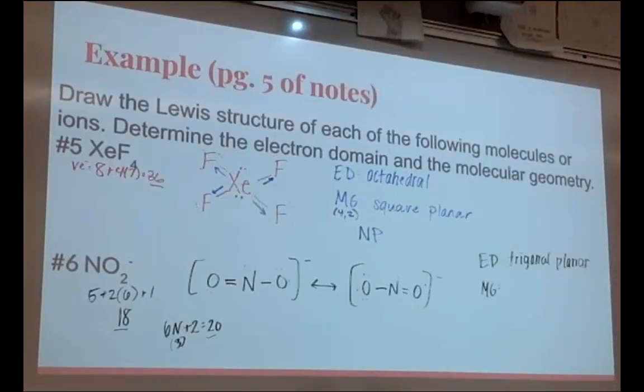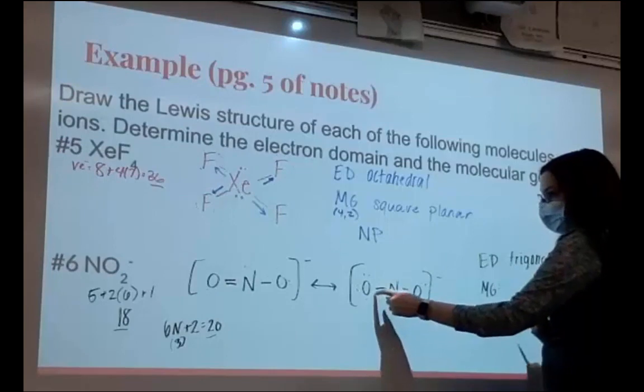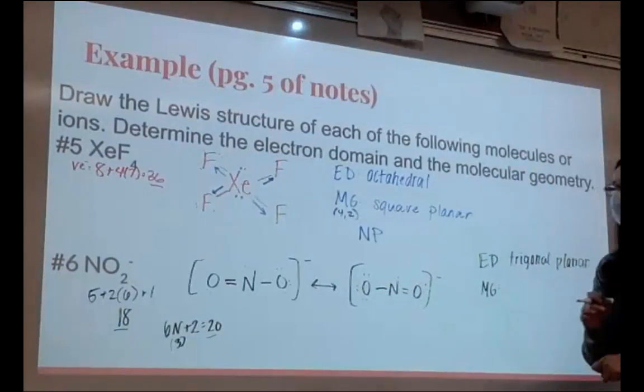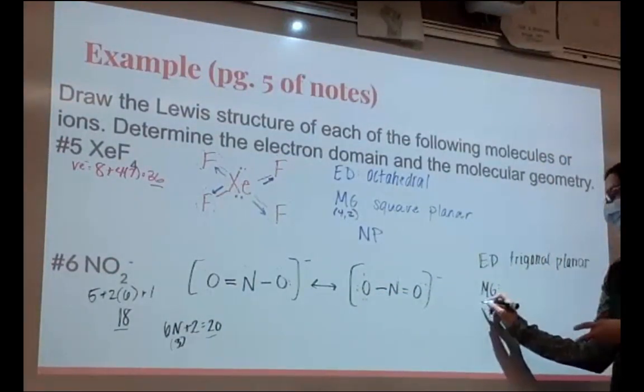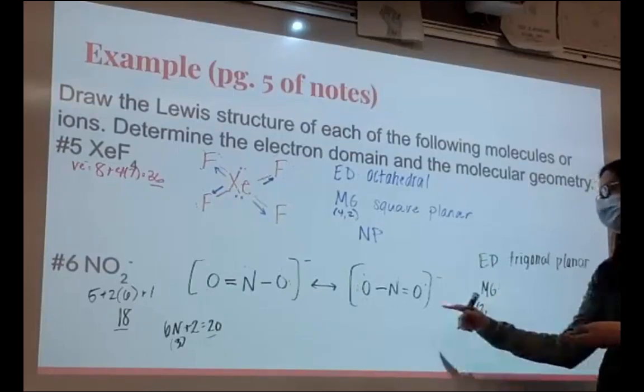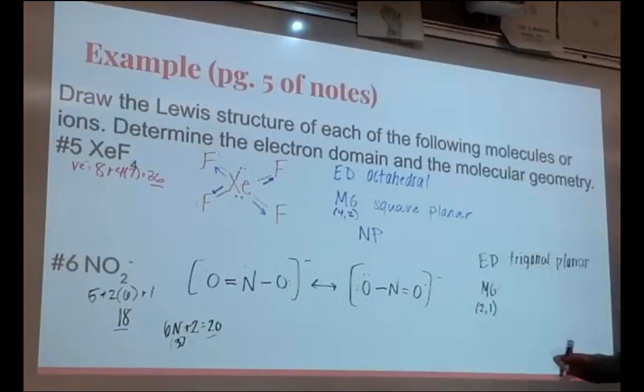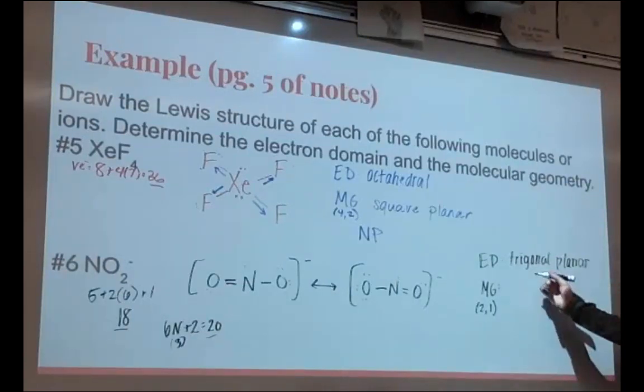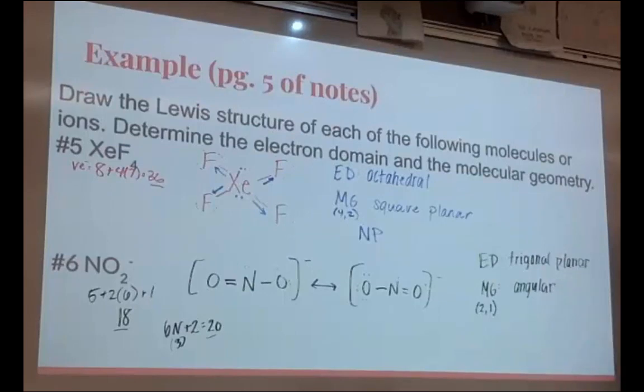Now the molecular geometry takes into account the lone pairs. So we have 2 atoms bonded to the central atom. It doesn't matter how it's bonded. It just matters that we have 2 atoms bonded to the central atom with 1 lone pair. Here's where you could use either term. You could say it's angular, or you could say it's bent.